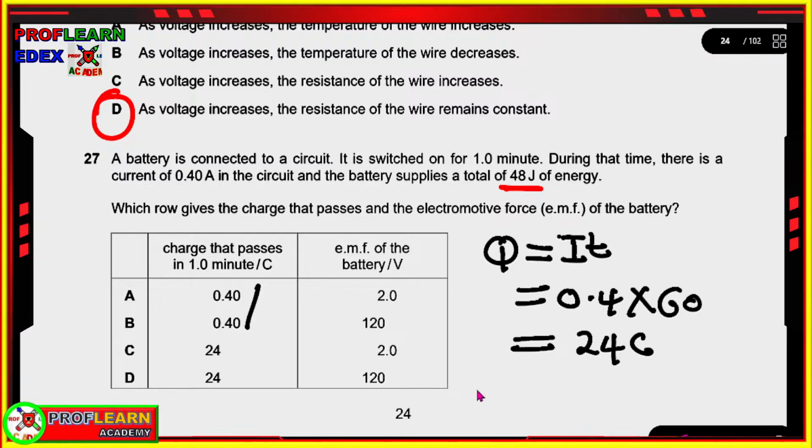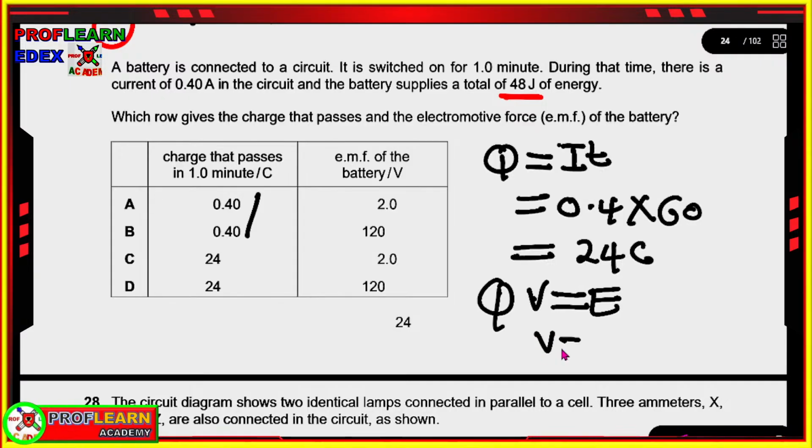And we know EMF is... charge is equal to what? Charge times voltage will give us energy. We can also use that formula at that given point.